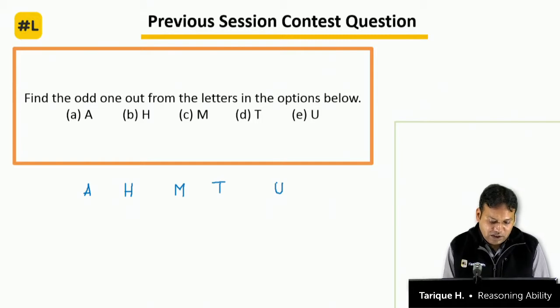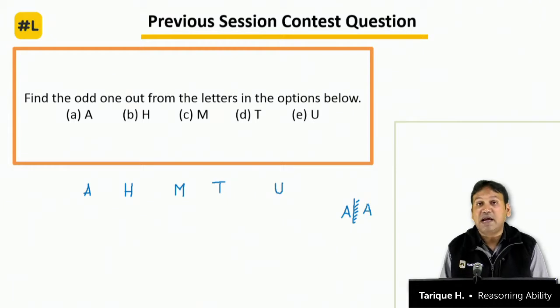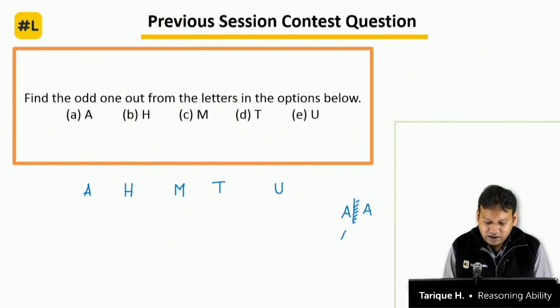If you take the mirror image, all these letters will have the same form. So if you take the mirror image of A, it's a vertical mirror, then the resulting figure will also be A, and the same is true for H, M, T and U also. But when you take a horizontal image, then what will happen?